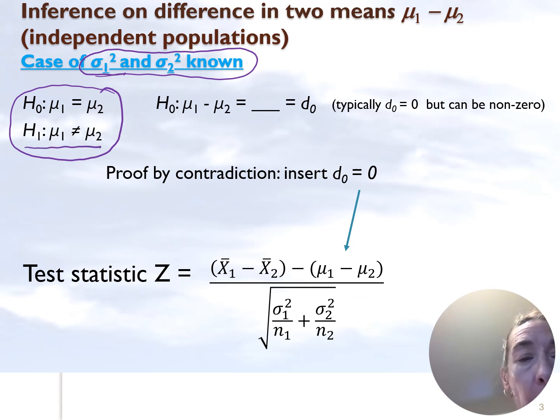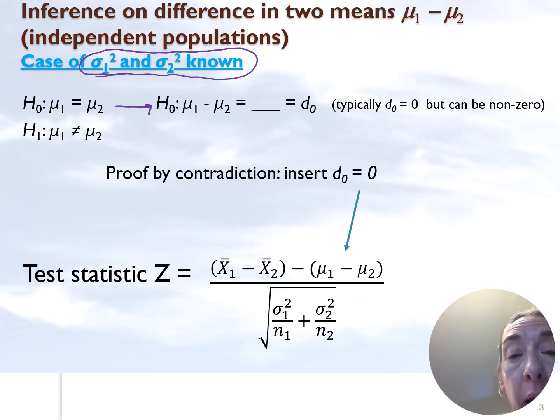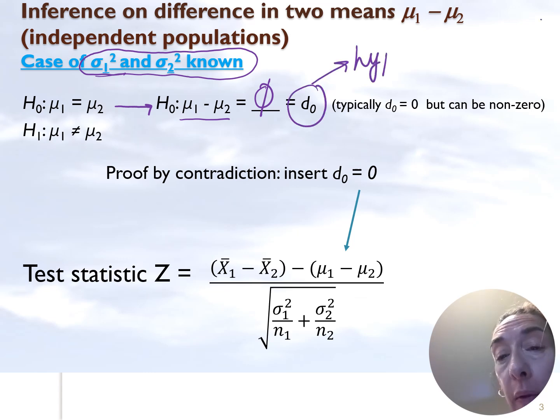Now, if we are hypothesizing that mu1 is mu2, another way to write that is that mu1 minus mu2 is 0, meaning there's no difference between them. Algebraically, if you simply subtract mu2 from both sides, you get mu1 minus mu2 on the left, 0 on the right. We call this difference d sub 0. This is our hypothesized difference.